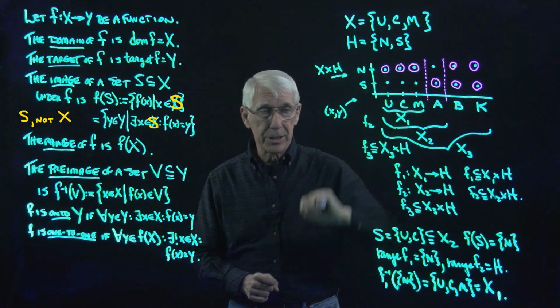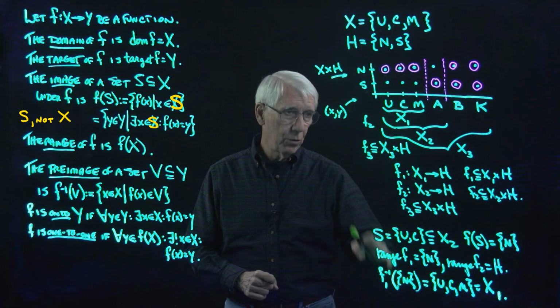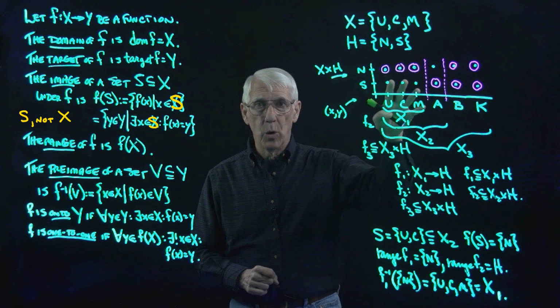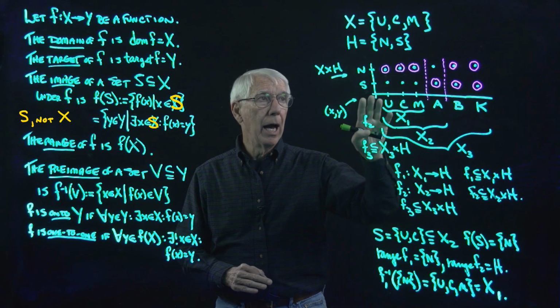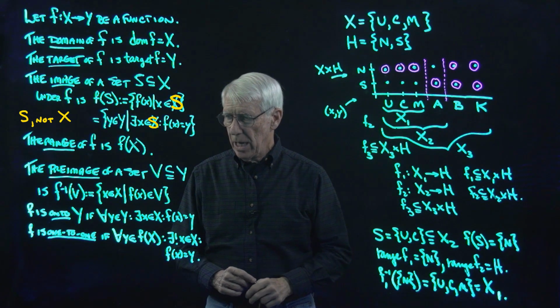I've got 3 different x's that map to n. So neither of the two functions f1 or f2 is 1-to-1. We will see a couple of 1-to-1 functions in a few moments.